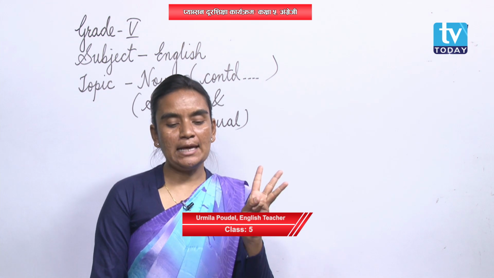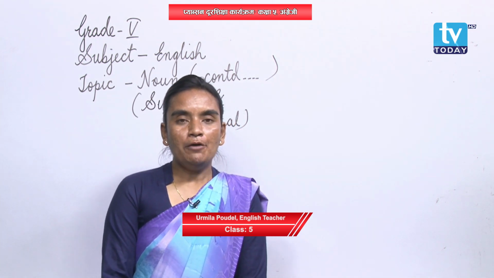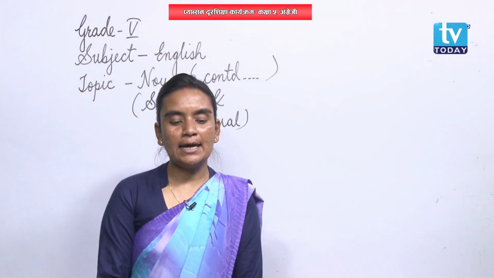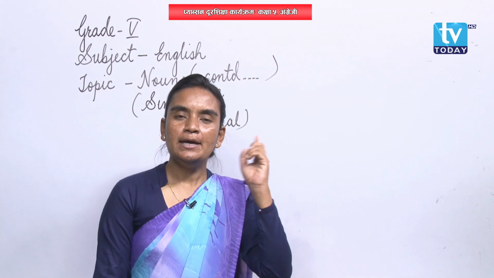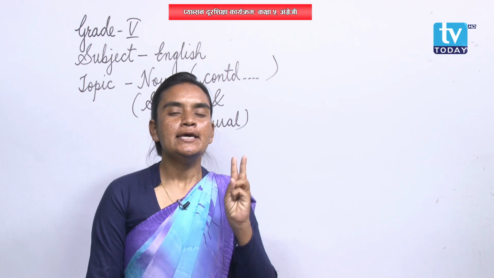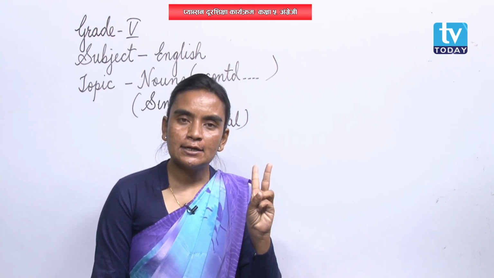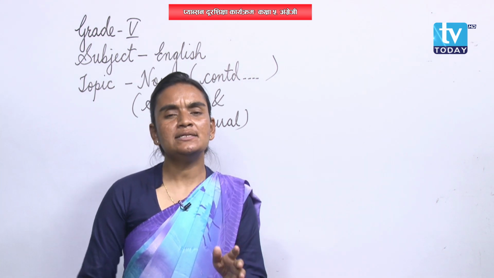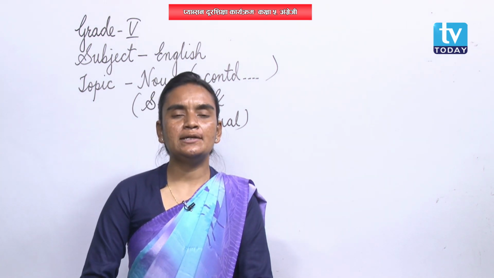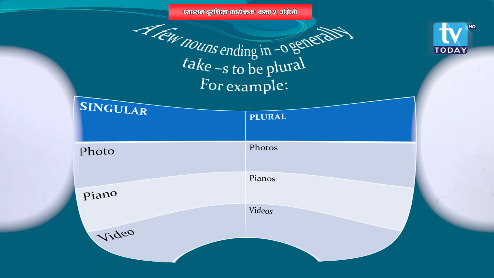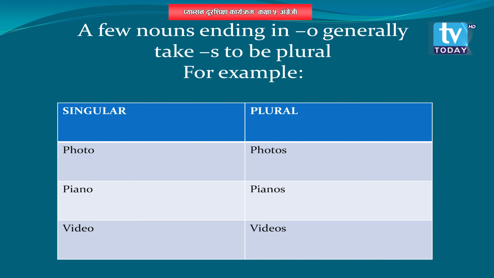The third rule is: a few nouns ending in O generally get S. Before, in the second rule, we went for adding ES if the word ends with O, but to some extent there is a kind of contradiction, as some words ending with O generally get S to change into plural.